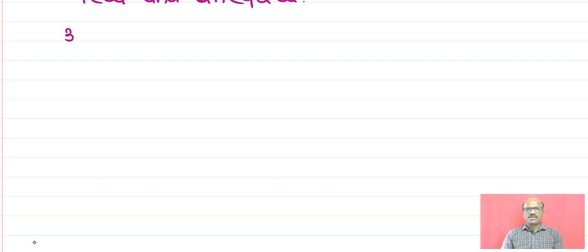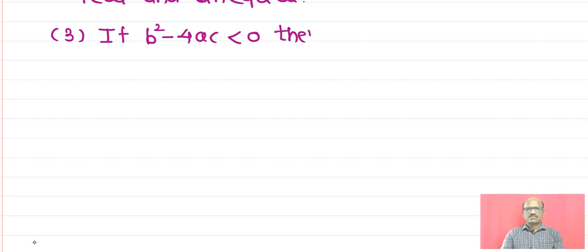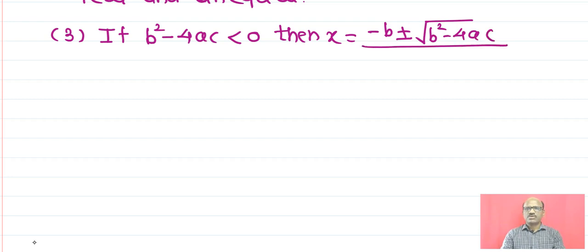Now next, if b square minus 4ac is less than 0, then x is equals to minus b plus or minus in root of b square minus 4ac upon 2a.